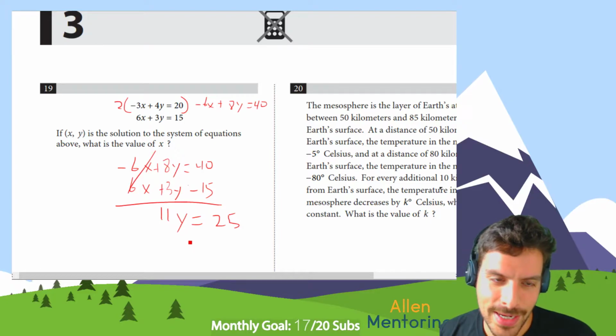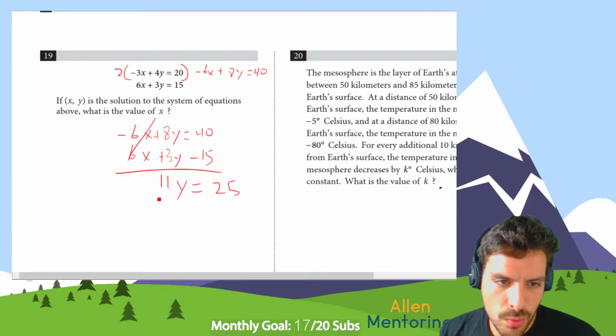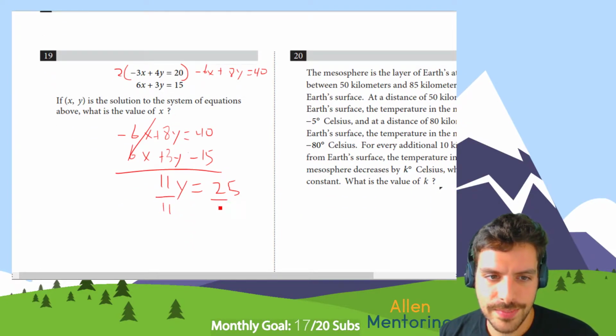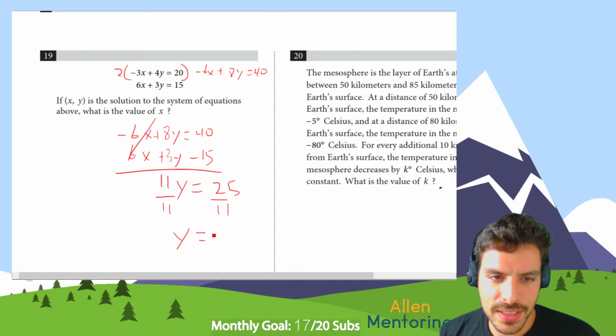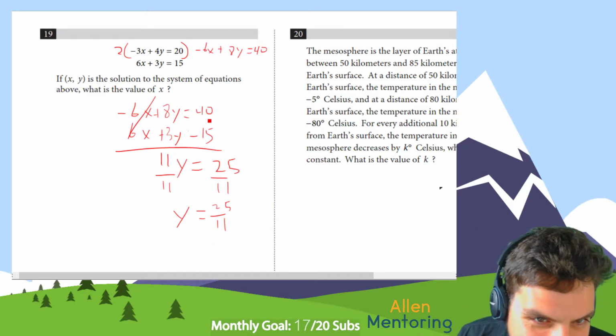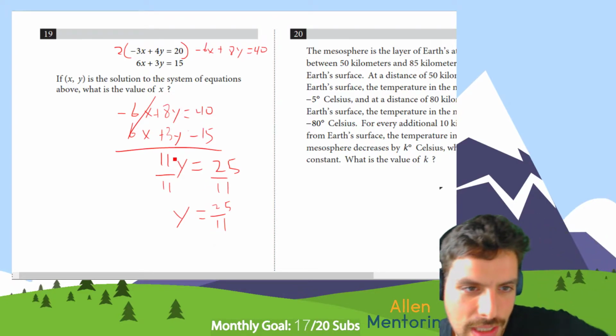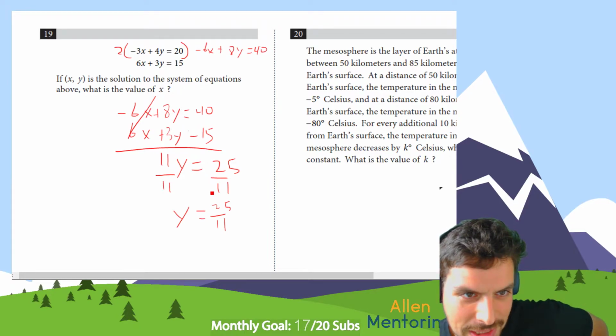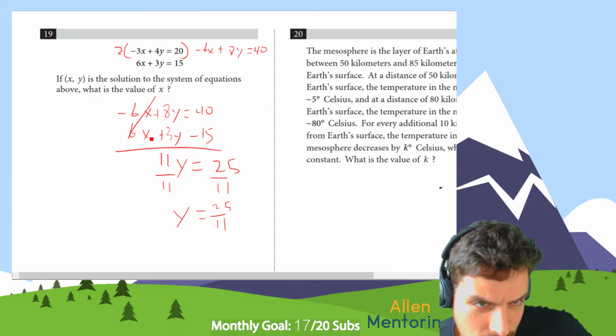Oh, they're not going to make this easy on us, huh? So now we're going to divide both sides by 11. And we're going to get y is equal to 25 over 11. Okay, so I hope I didn't make any mistakes here, because they don't usually give us these tricky fractions. Did I do everything correctly? Just gotta trust myself.